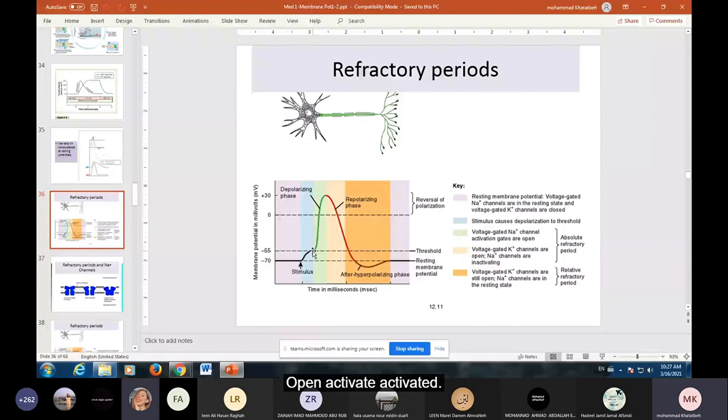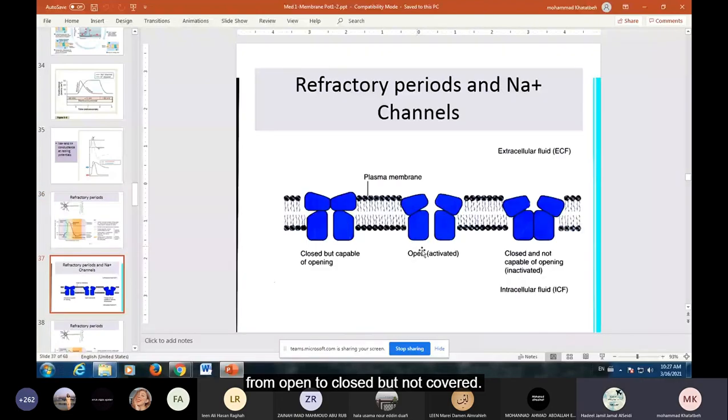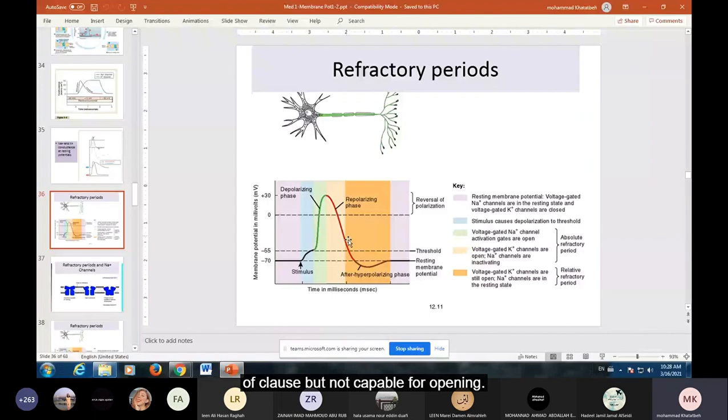Once you have reached the tip, these sodium channels are transformed from opened to closed but not capable of opening. So during the falling phase of the action potential, we have them in the state of closed but not capable of opening. What do we mean by not capable of opening?